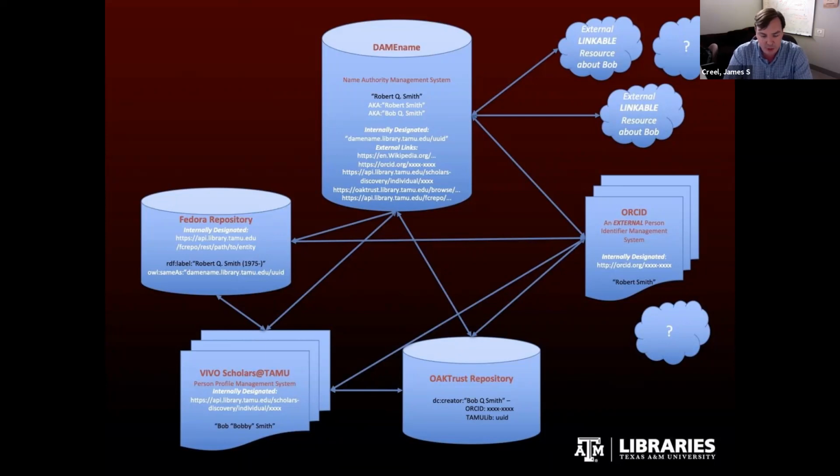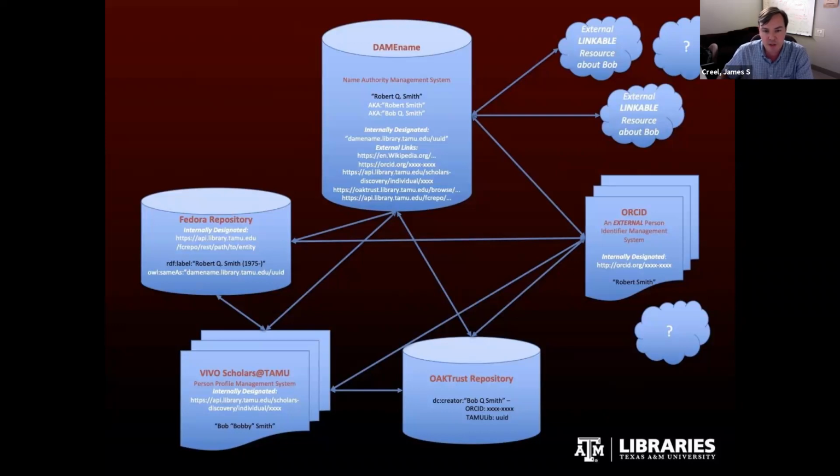Now, once we have that done on the Oak Trust side, and we have those identifiers actually associated with the name occurrences in the repository, that's going to be the beginning of this beautiful picture, because the Dame name application up at the top there is where we're going to be storing these UUIDs and all the associated names. We can also store external links to applications like Oak Trust.